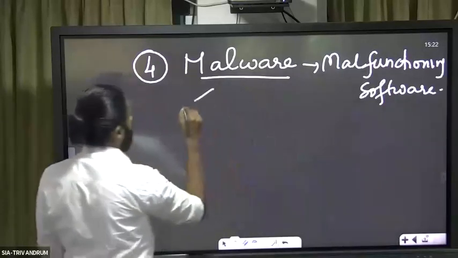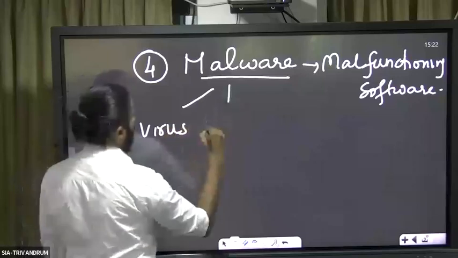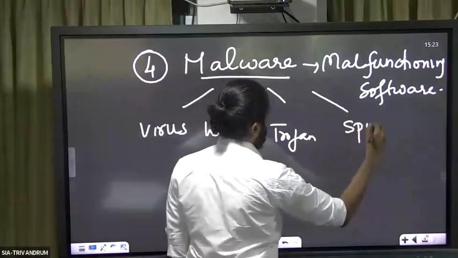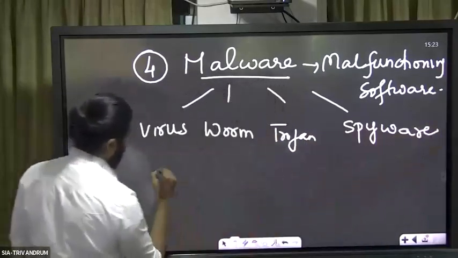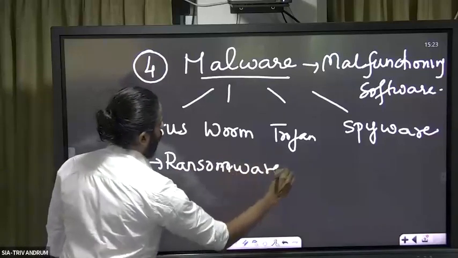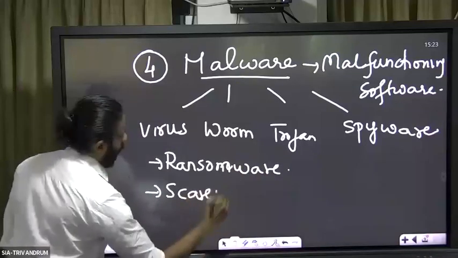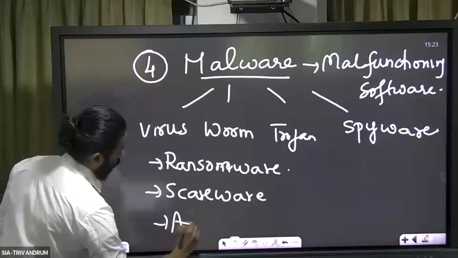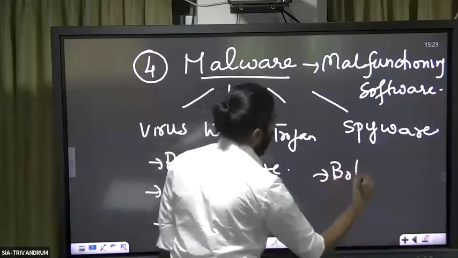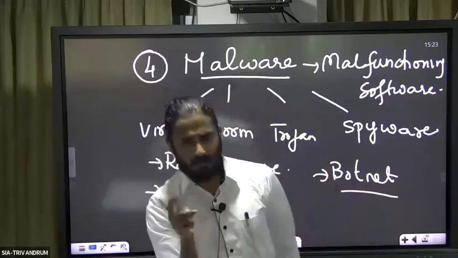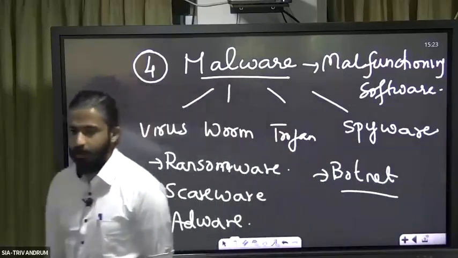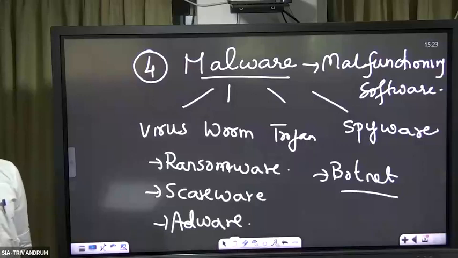There are different types of malwares: virus, worm, Trojan, spyware, ransomware, scareware, adware, and botnets. You should be aware of all these. We'll discuss Trojans and Pegasus in the second half of the class. So malware is another area of ICT you should be prepared for.